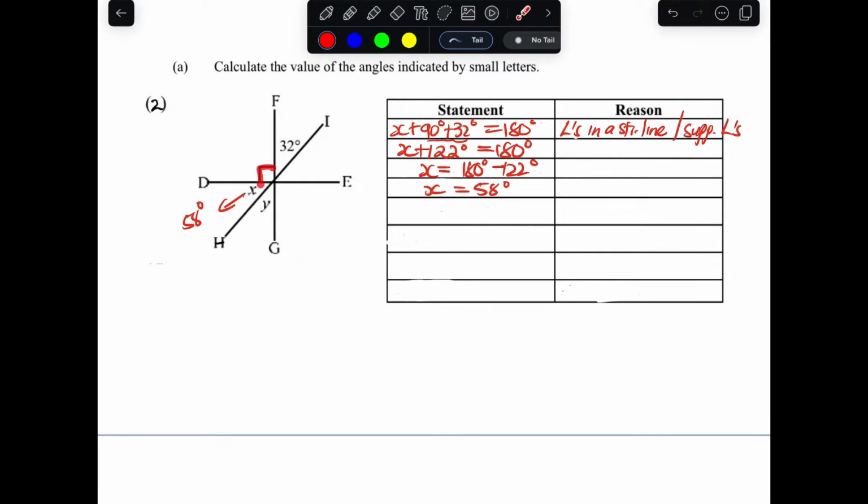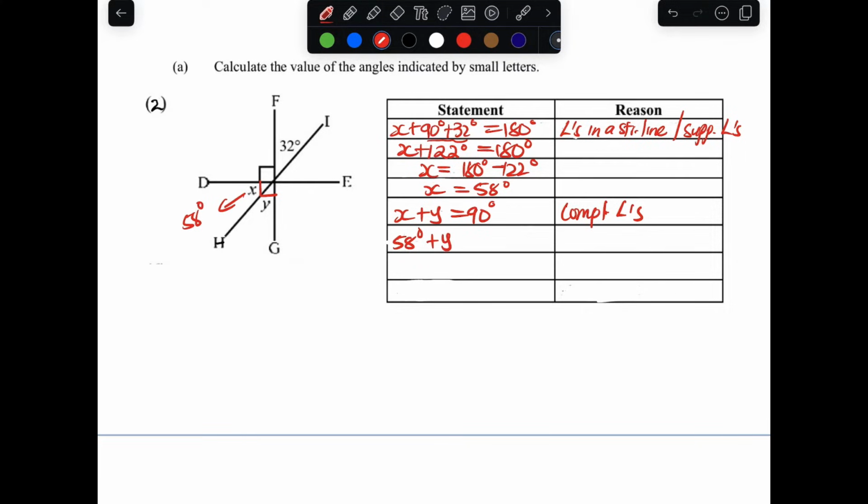So since this is 90, this simply means that this is 90 as well, right? So we can use the complementary angles to get this. Let's do it. We will say x plus y equal to 90. As I've just mentioned, this is 90 as well. So we have x is 58, which is calculated.